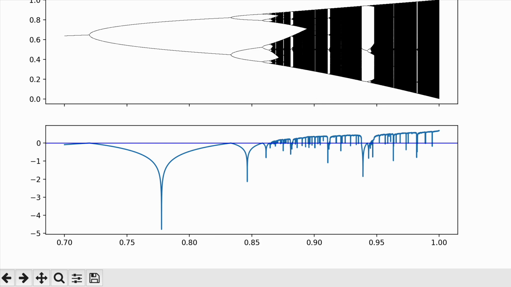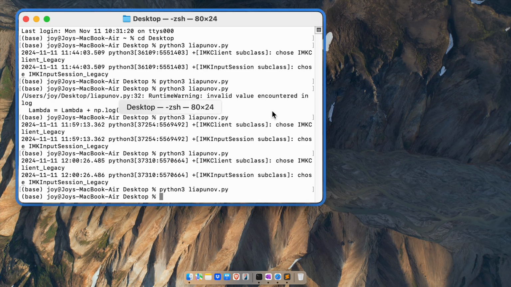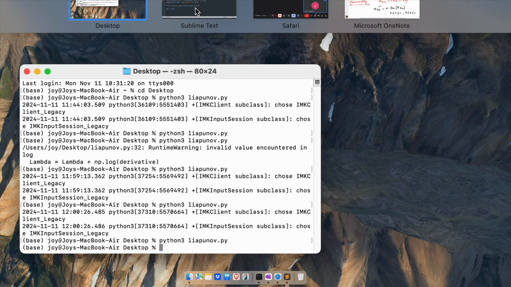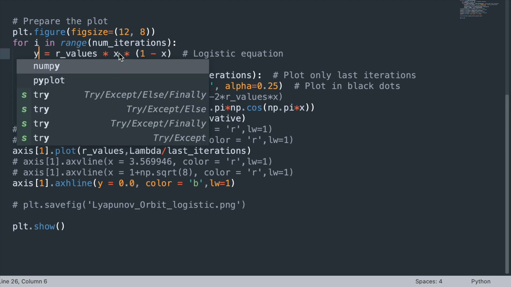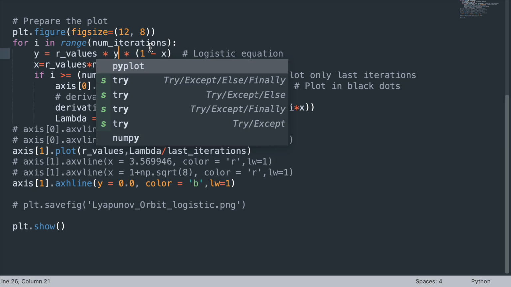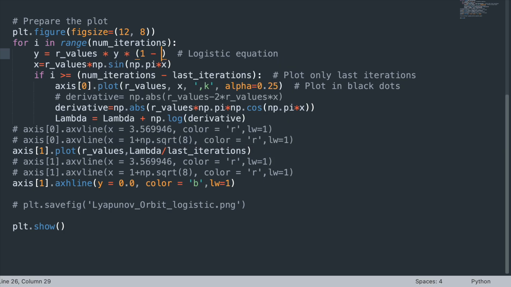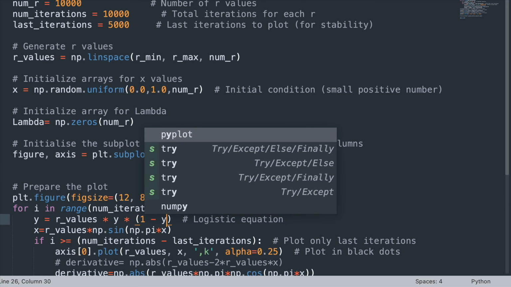So let me, in place of this Lyapunov curve, draw the logistic equation.